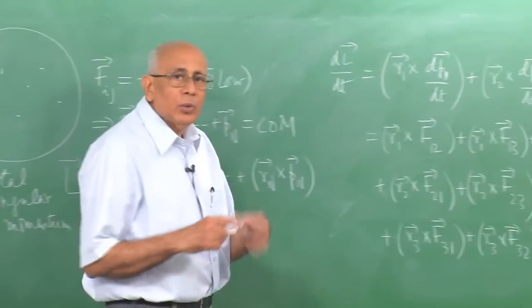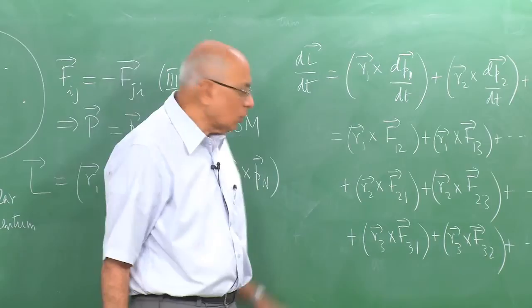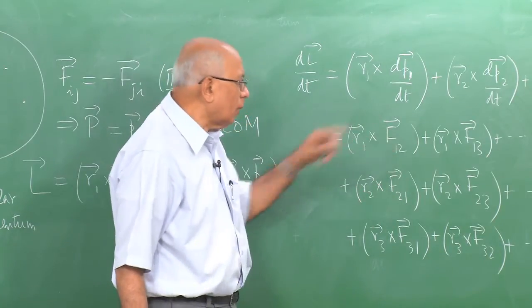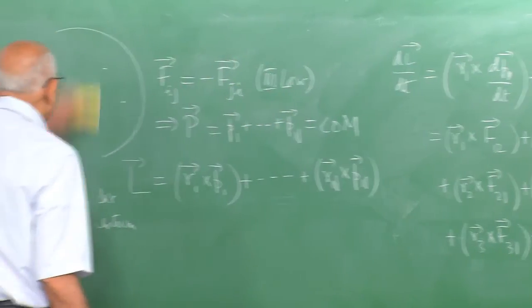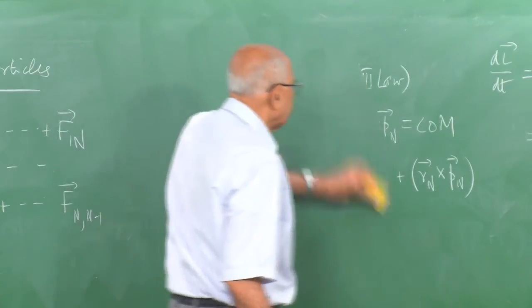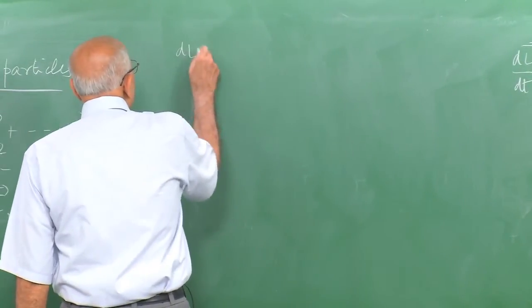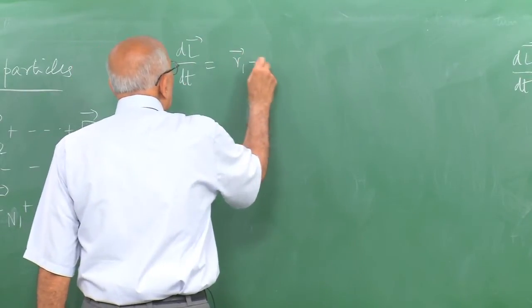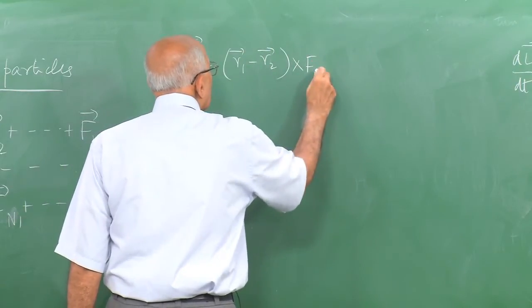But we know from Newton's third law that F21 is minus F12. So if I put that in, this becomes (r1 minus r2) cross F12. So I can recombine this and write this whole thing as dL over dt equal to (r1 minus r2) cross F12.